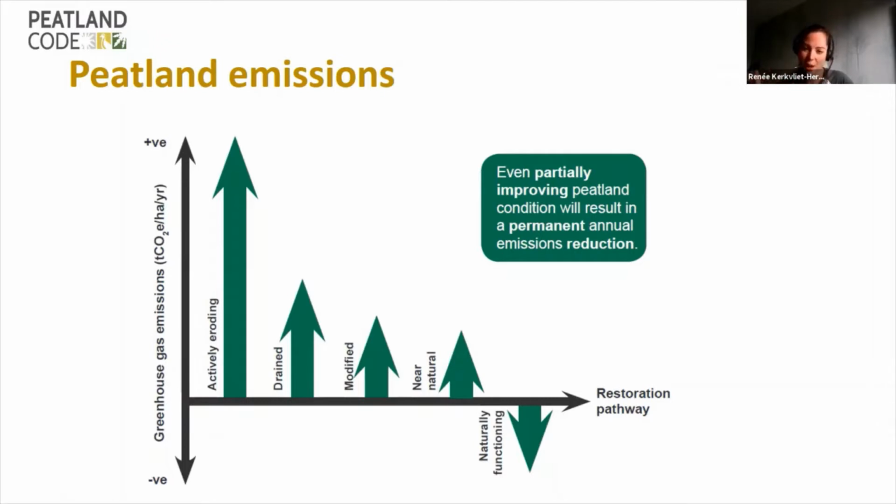So it's that time scale that's really important there. This also shows why we are about emission reductions, because only the actively eroding and the drained categories are eligible as a baseline, you will only move into modified by BESS initially. And then you can see you're still a net emitter, although you're doing a lot better than you were before.